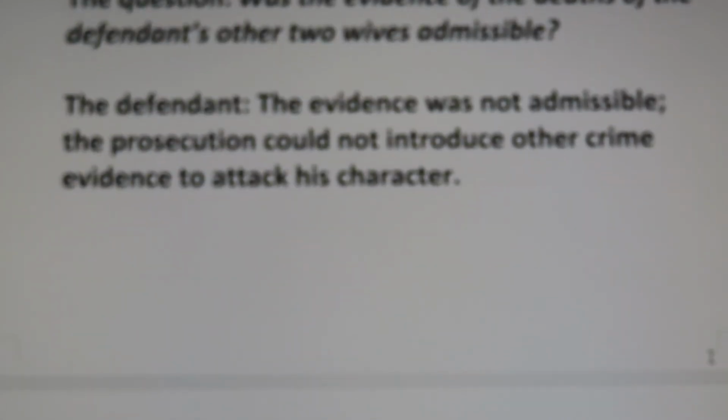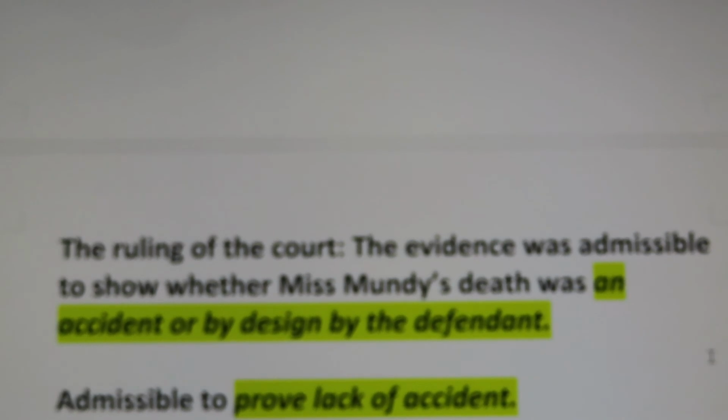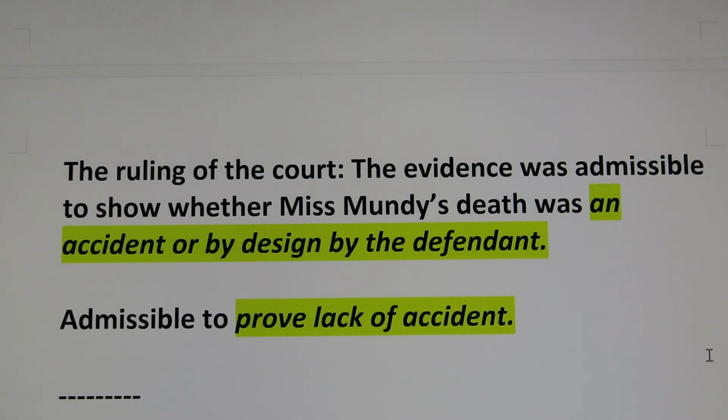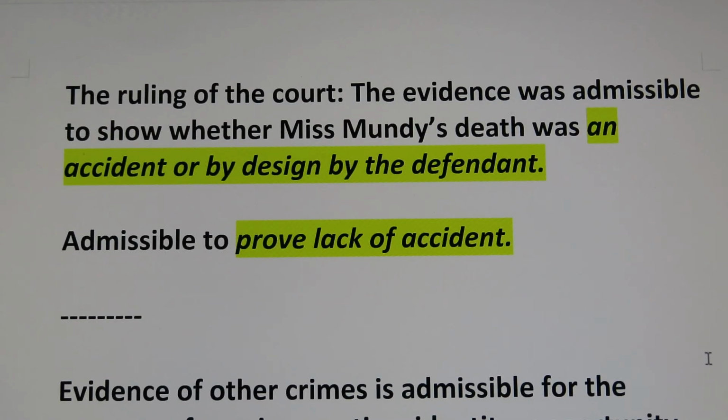That's why, under certain circumstances, if this other crime evidence is to be used for a permissible purpose, its introduction is very important. Otherwise, a really guilty defendant could not be convicted of the crime they actually committed.